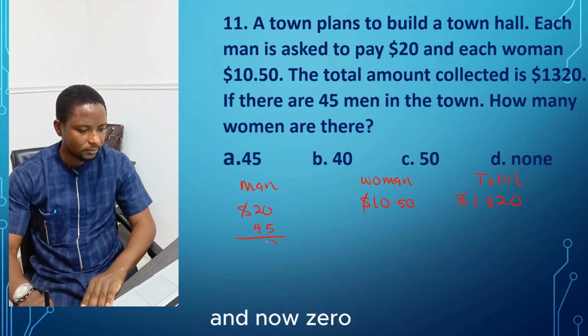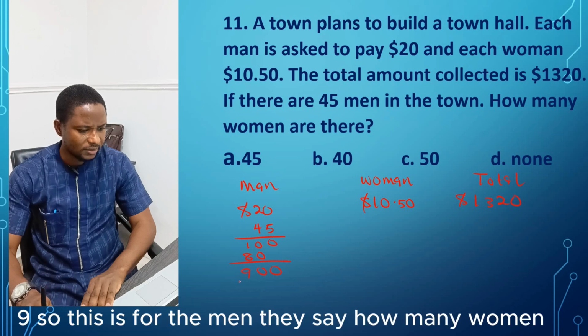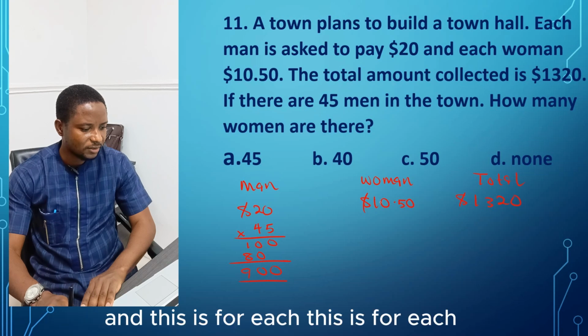And that's 0, 0, 8. So you have 0, 0, 9. So this is for the men. They ask how many women, and this is for each.